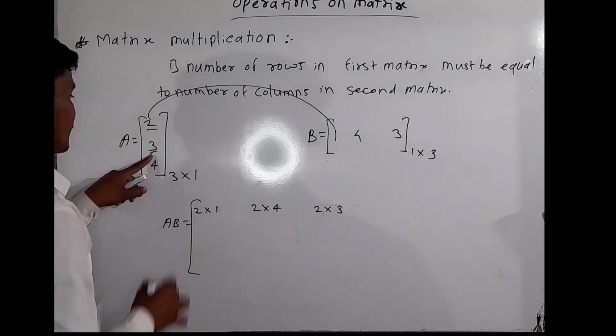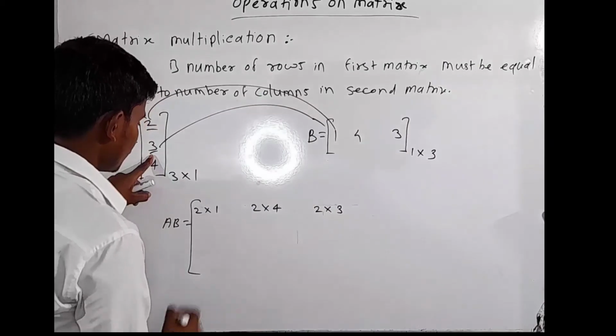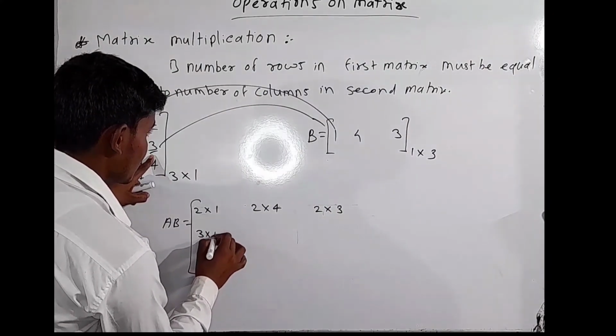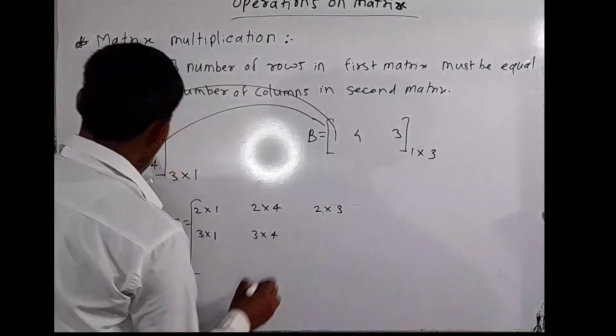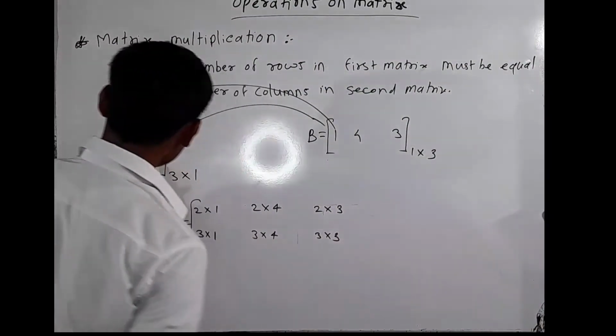Then we multiply 3 by the first element, 3 into 1, then 3 into 4, and then 3 into 3.